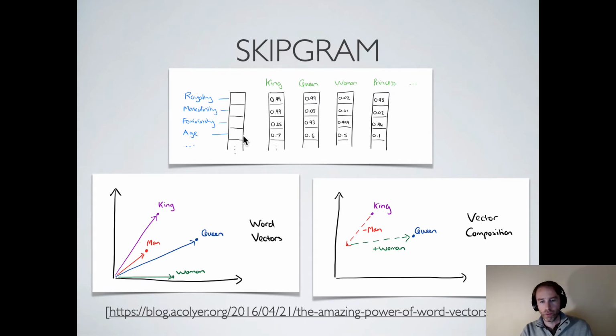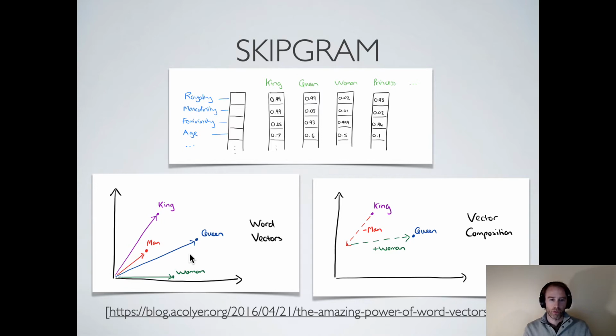The principle is that the vectors you obtain by doing this are actually embedding some semantics of the words. For instance, it has been shown that you can do operations on the vectors obtained by this process, and that these operations make sense.